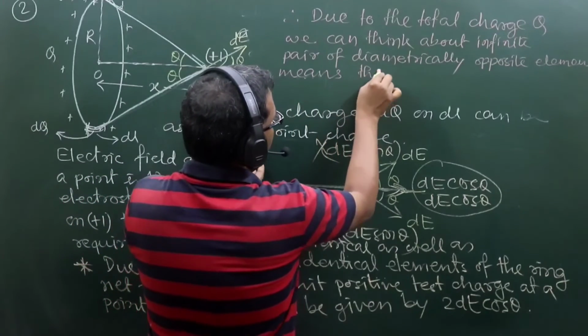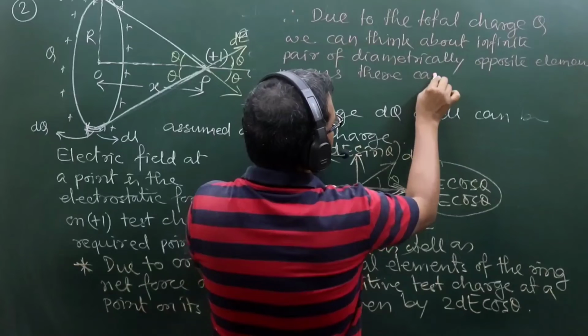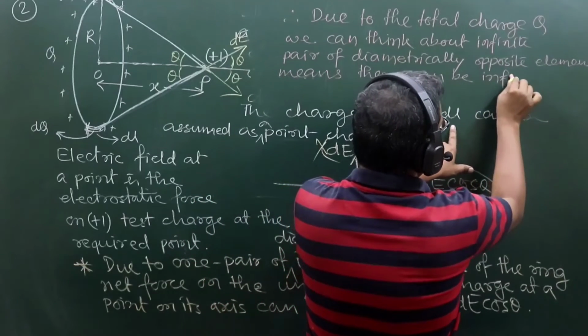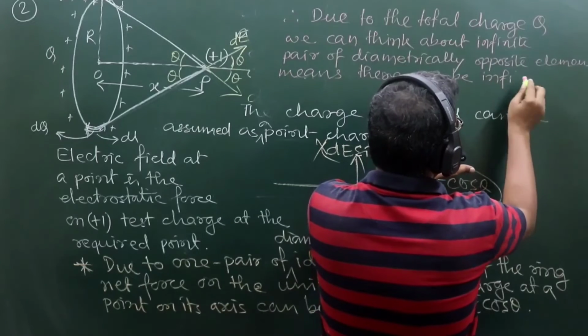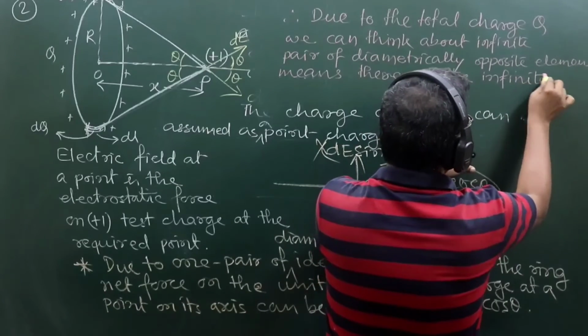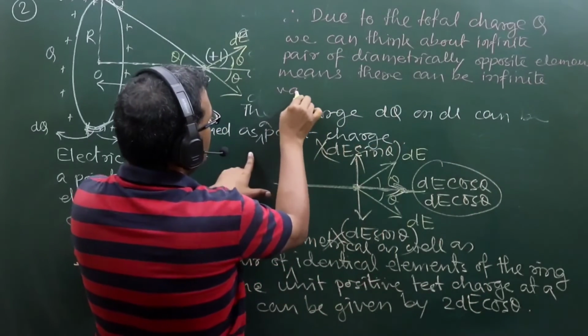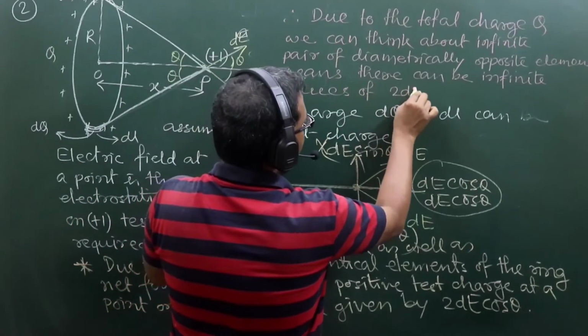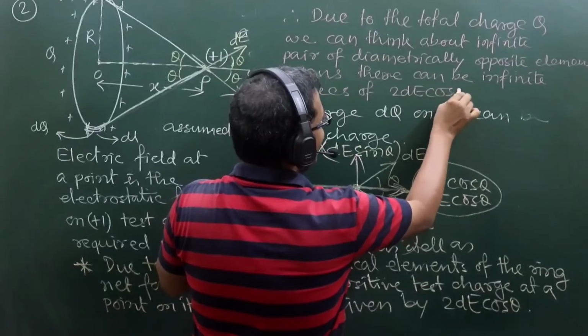There can be infinite values of 2dE cos theta, isn't it?